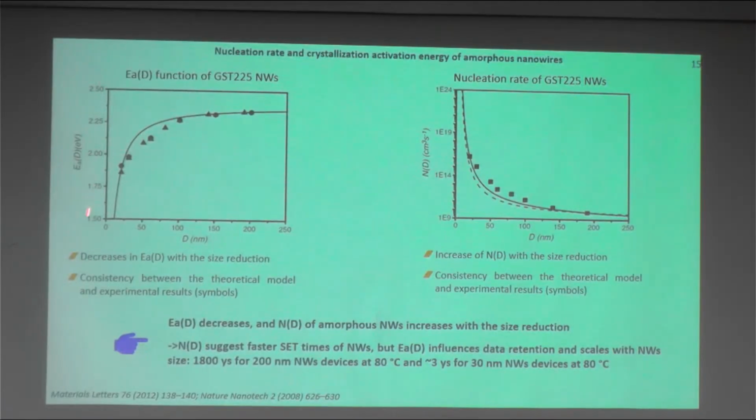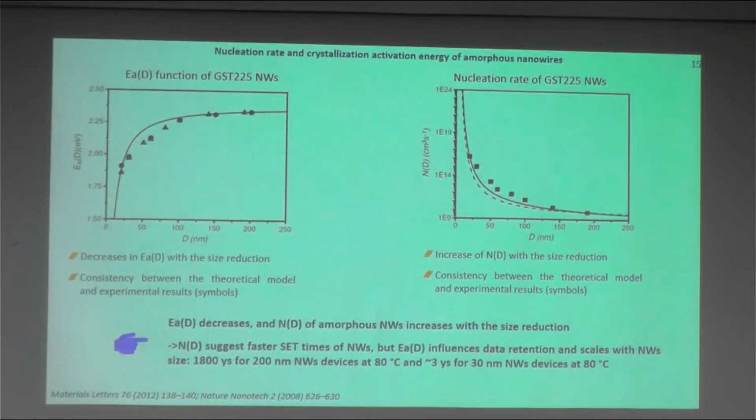So it's reducing. If you think about the thin film of GST 225, it's in the range 2 to 5. And for nanowires, this parameter, the crystallization activation energy, reduces with the size. Also, the nucleation rate shows an increase with decrease of the size. Here and here again there is a nice agreement between the theory and the experiments.